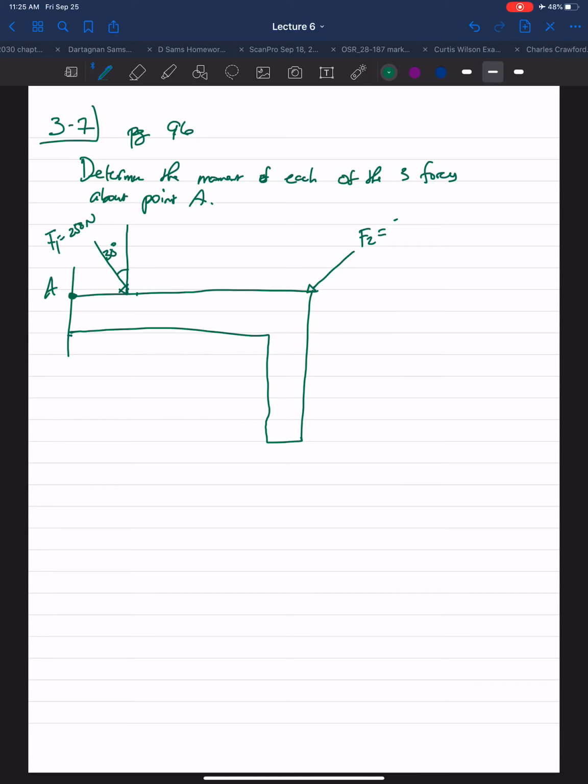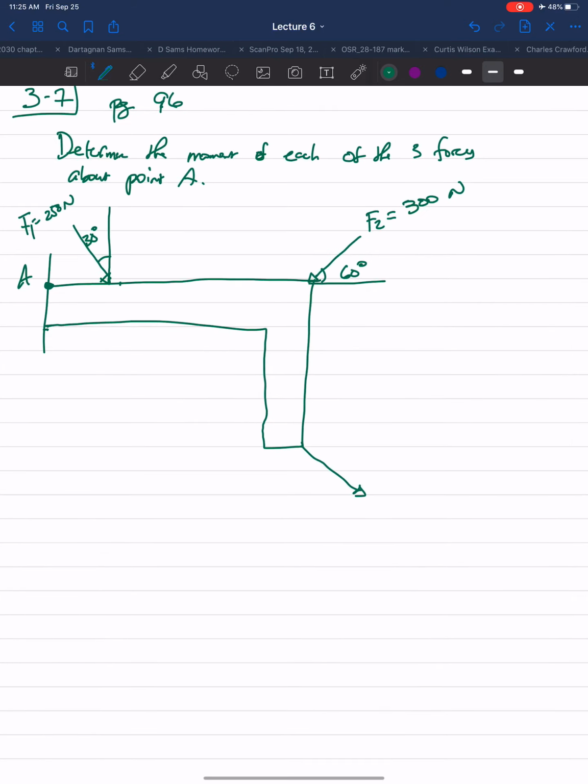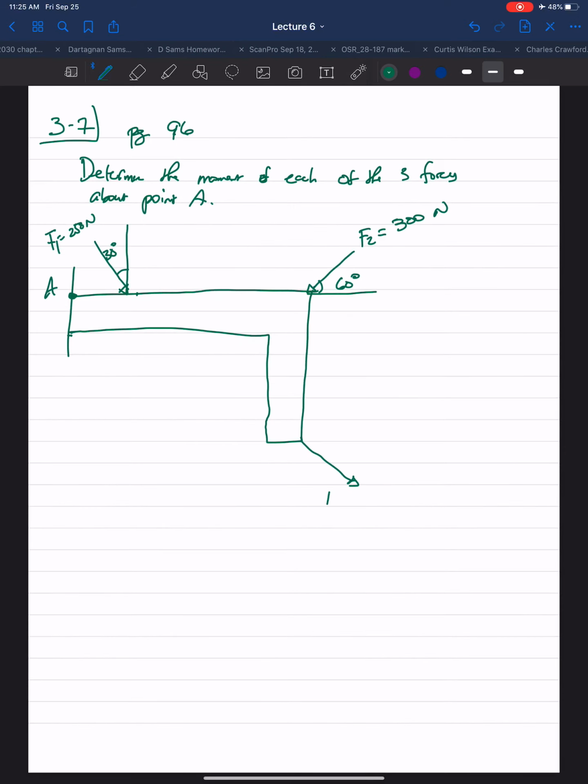This is 300 newtons. This is an angle of 60 degrees. We have an F3. This is 500 newtons. And it gave you the slope triangle. This is a 3, 4, 5 triangle.